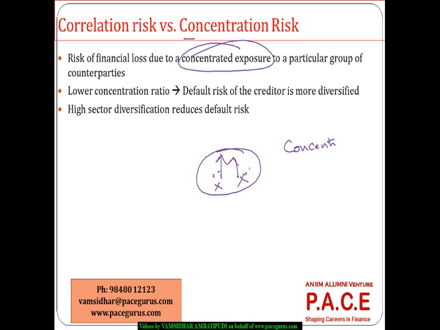So if I gain, I'll gain heavily. If I lose, I'll lose heavily. So the intention again is to go for a lower concentration ratio, because the default risk is more and more diversified, and that would reduce the risk of default altogether.